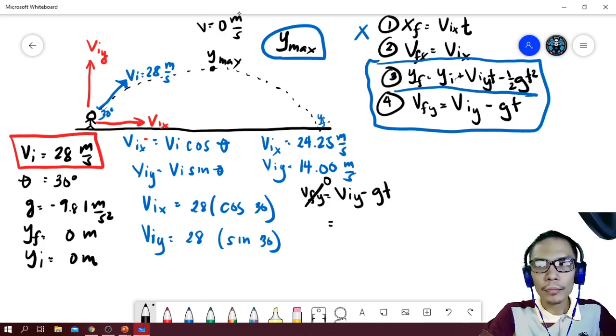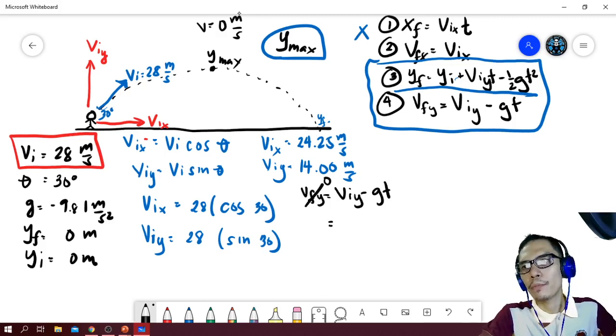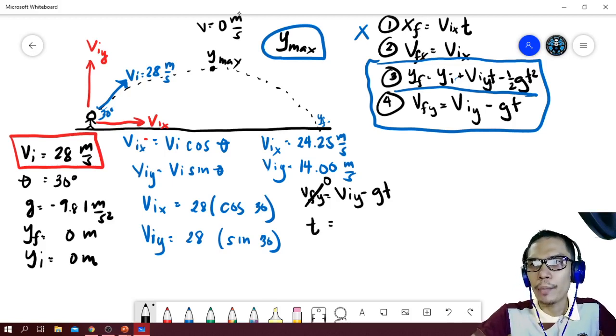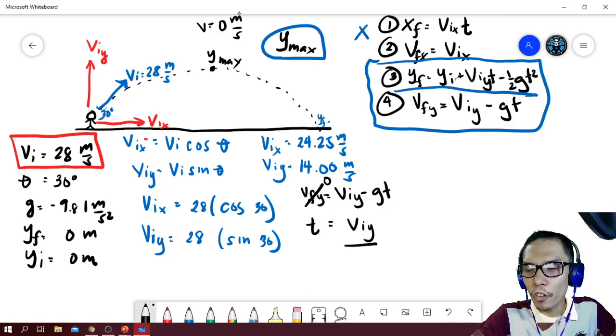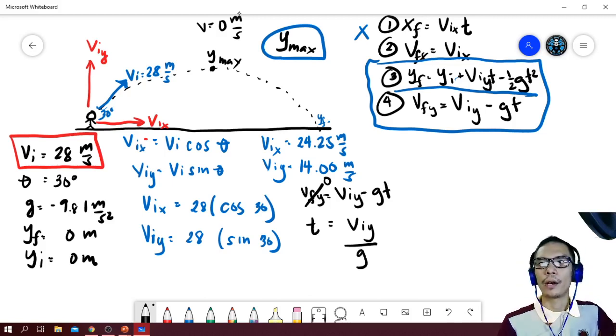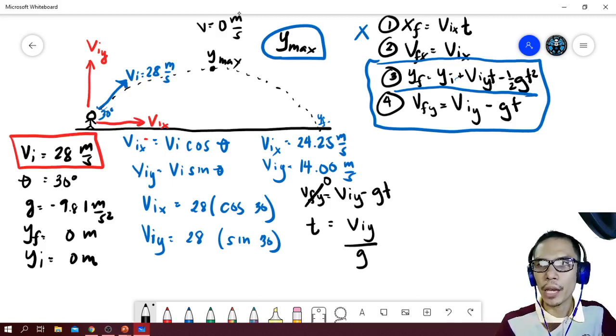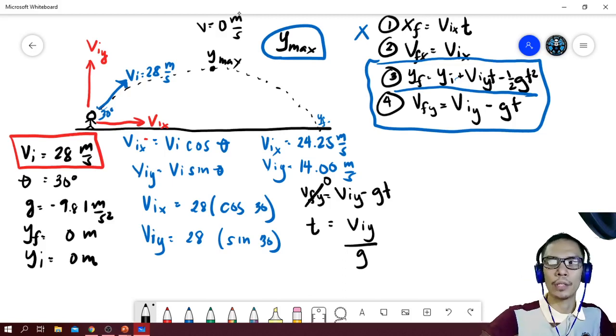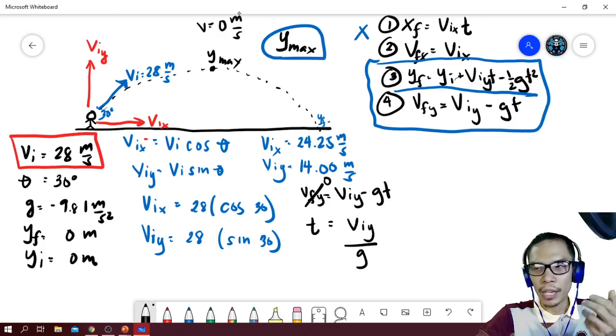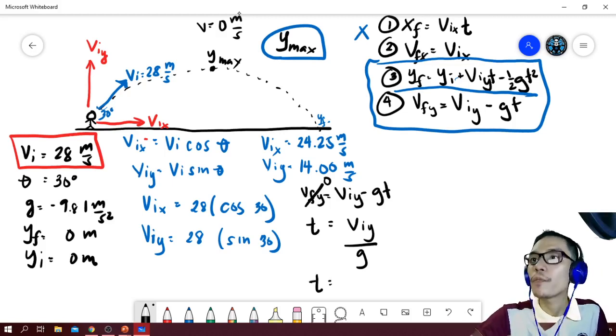To compute for the time, time is equal to v iy over g. The negative sign is cancelled in this process. So the time is v iy over g.